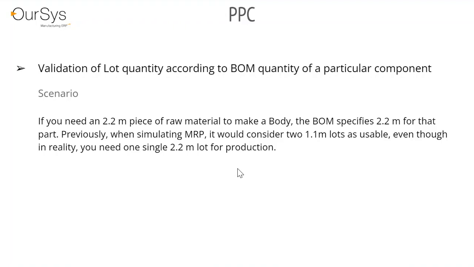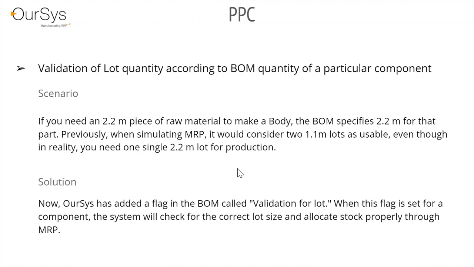That flag we have given in the bill of material. When this flag is activated for a particular component, the system will check whether the lot is a complete lot and is a multiple of that particular line item, and it will make sure that a complete bar or sheet gets allocated.